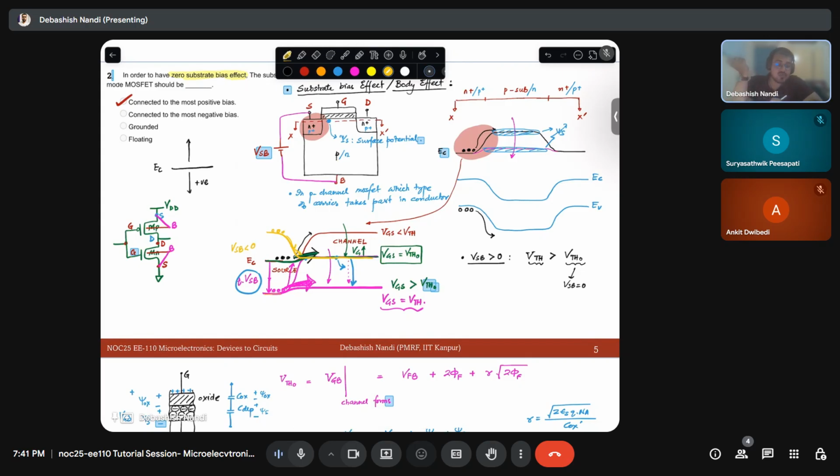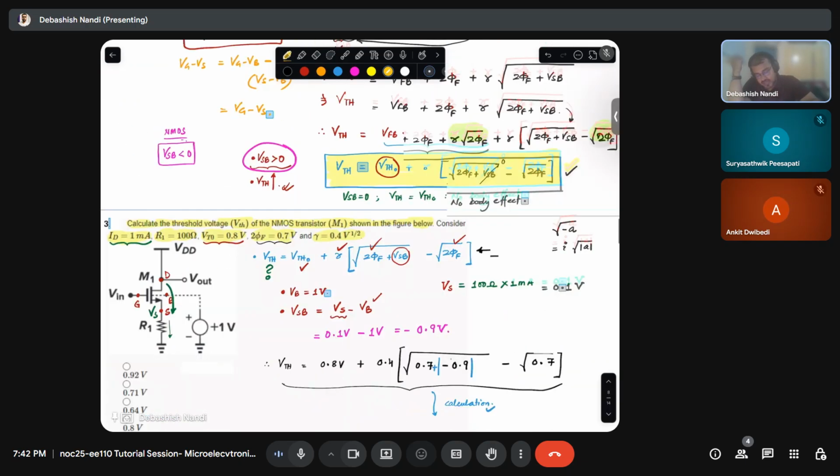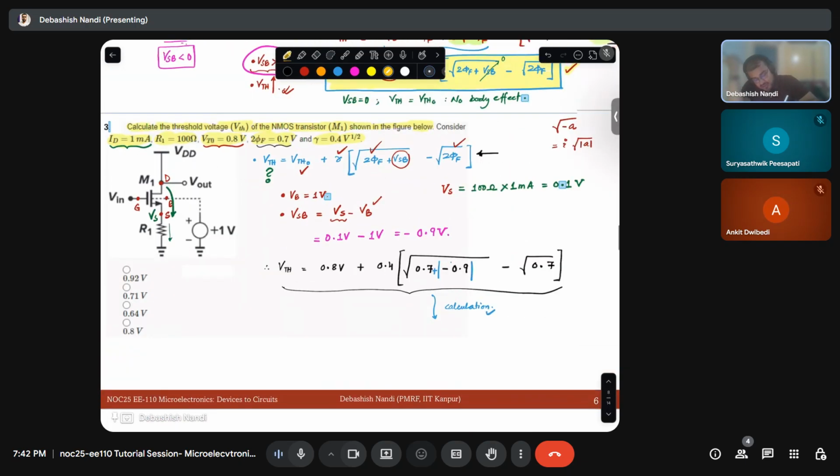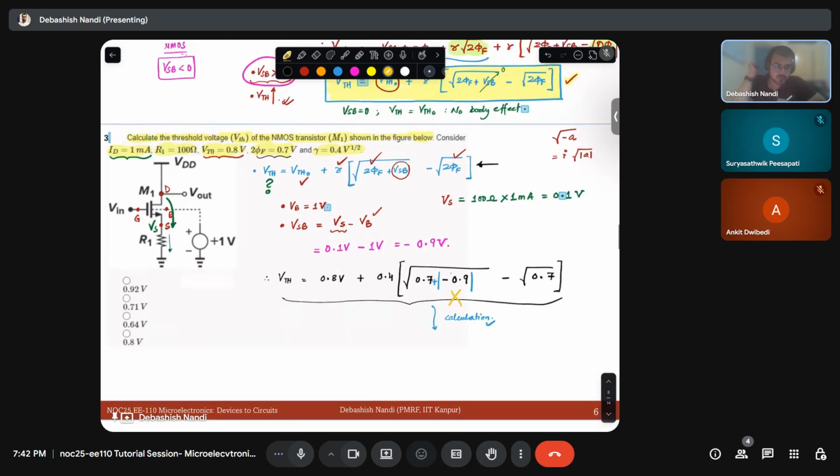Why would your threshold voltage increase then? Electrons are seeing a valley. By having negative VSB, the electron energy will increase, so electrons are seeing a valley and will immediately pass. So your threshold voltage should lower. Why should it increase? Please understand that this is not the right thing to do.